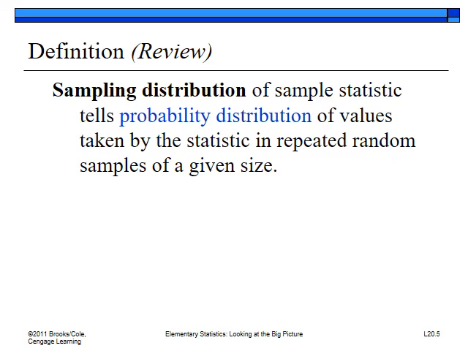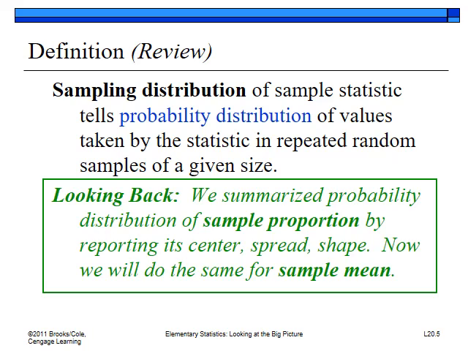Now, remember that a sampling distribution of a sample statistic, we've already looked at the sampling distribution of sample proportions. Today we're looking at sample means. That's a different statistic. Sampling distribution talks about how the probability distribution of values that the statistic can take gets distributed if we were to repeat the random samples of that fixed size a whole bunch of times.